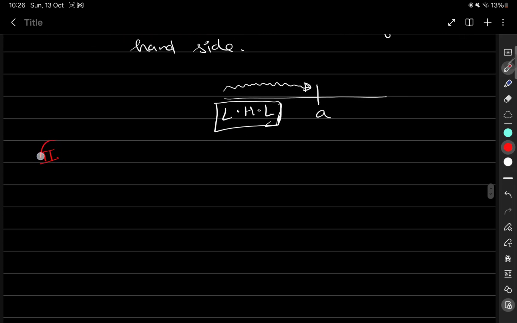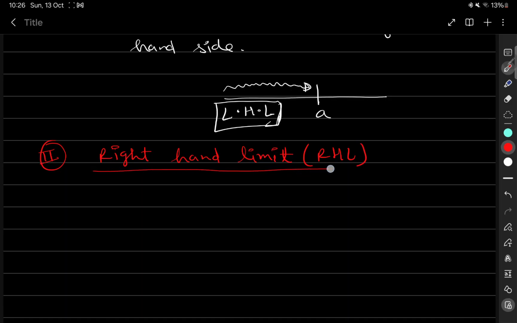Right, second point. The second point is the right hand limit, that is RHL. Now what is RHL?